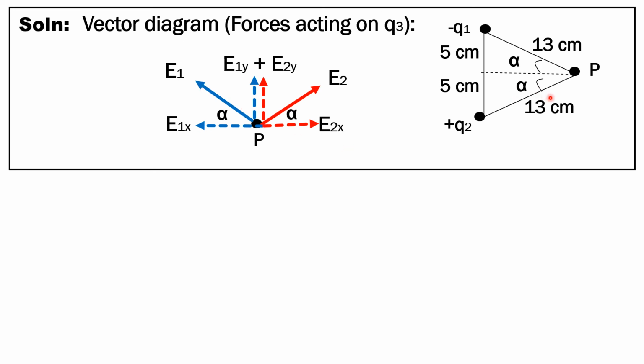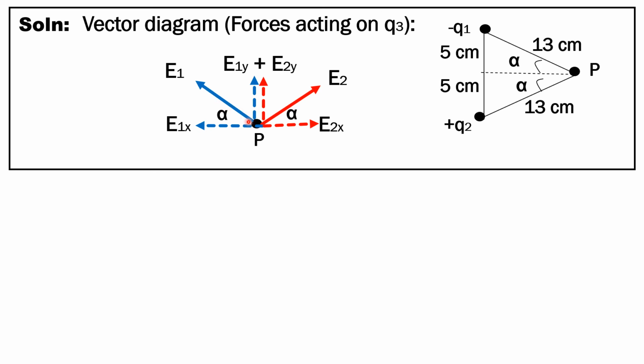The reason is Q1 is negative, and we pointed out earlier that if the center charge is negative, the electric field at any given point around it is into the charge, meaning towards negative Q1. Hence, our arrow representing the electric field due to Q1 at point P is directed towards negative Q1.